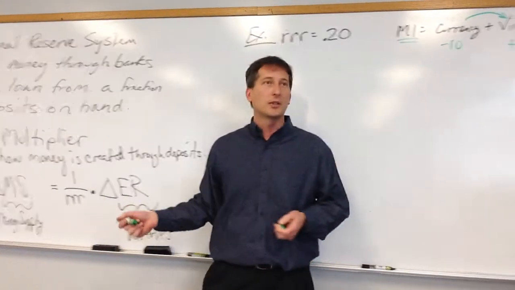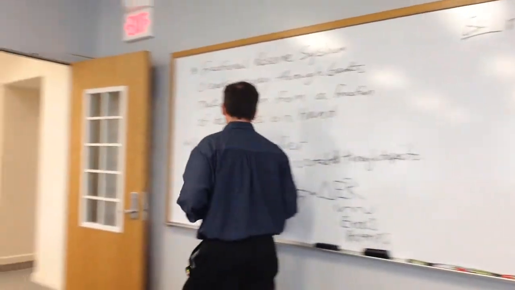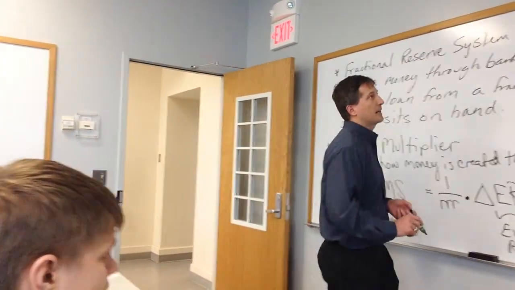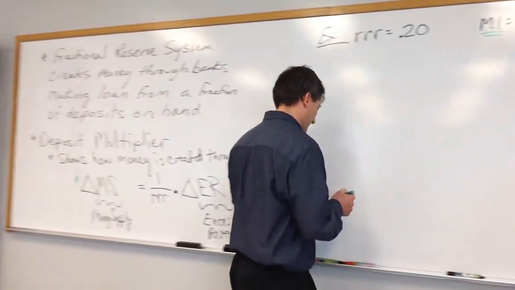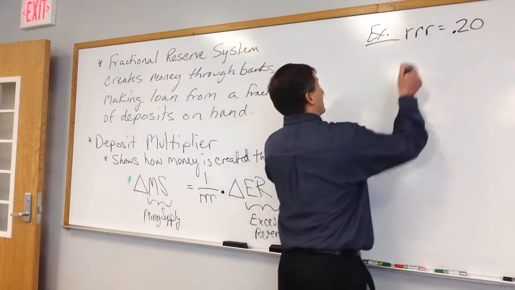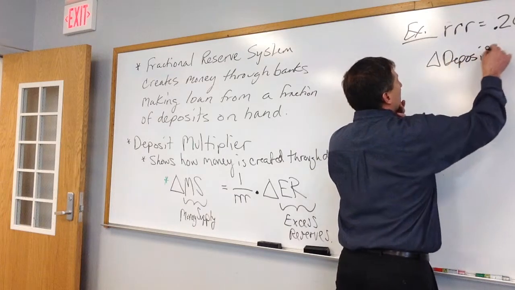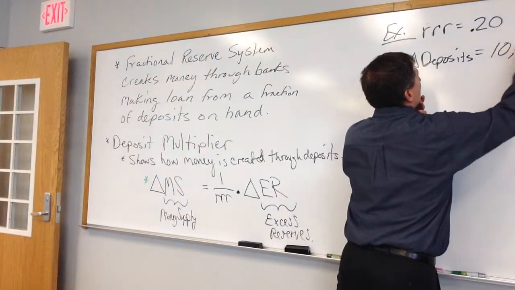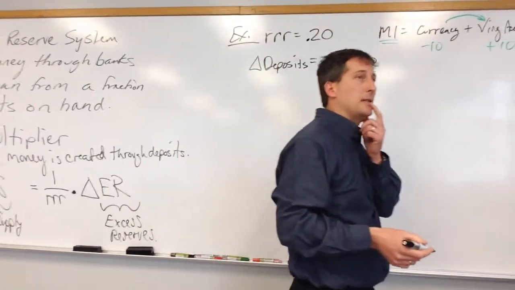What is the answer to this final change that would have taken place according to the deposit multiplier? So you've got all the variables here. We had a change in deposits initially equal to 10,000. That was Brandon putting it in Patriots Bank.